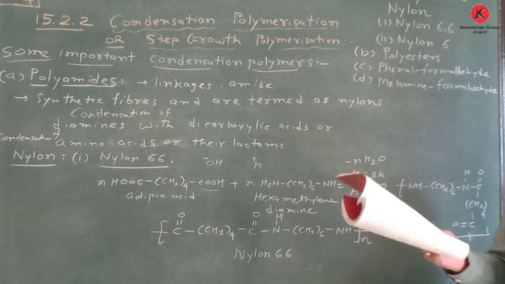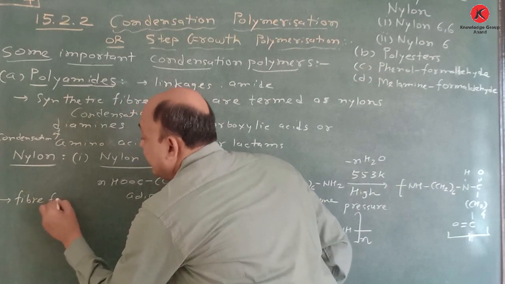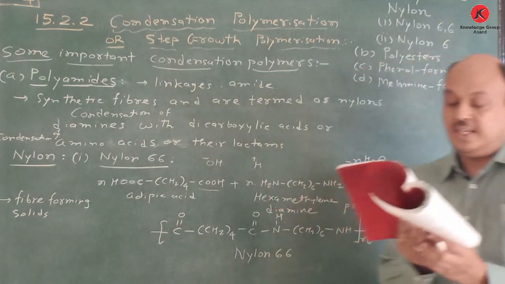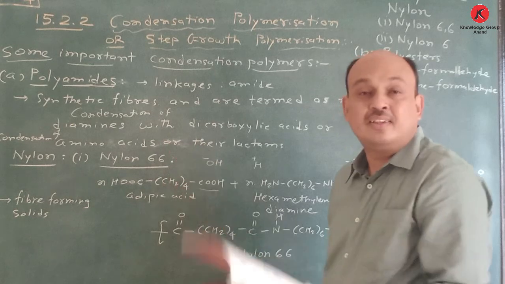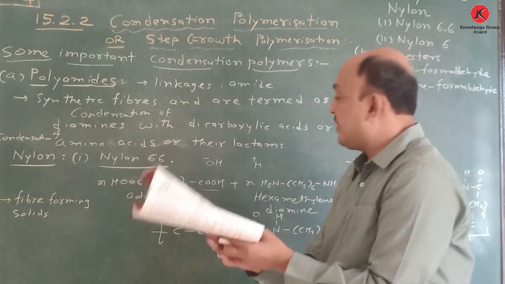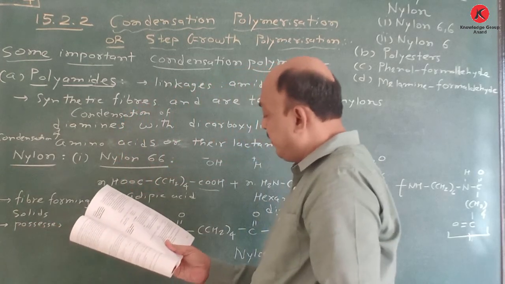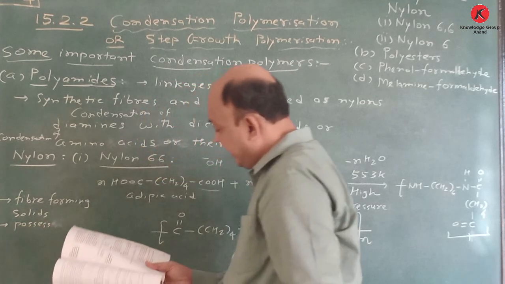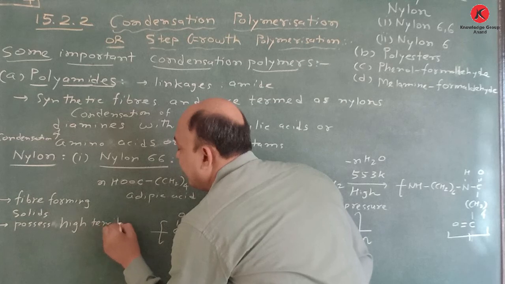Now nylon 6,6 is a fiber forming solid. Here I write fiber forming solids, and as a characteristic, it possesses high tensile strength because you know that C double bond O and NH are there, so hydrogen bond is produced. So it possesses high tensile strength.